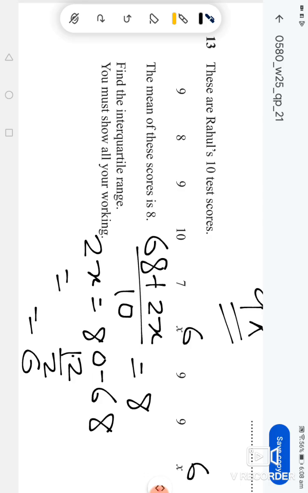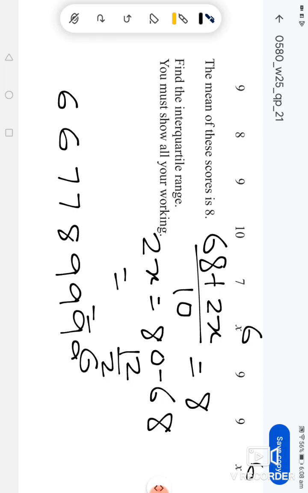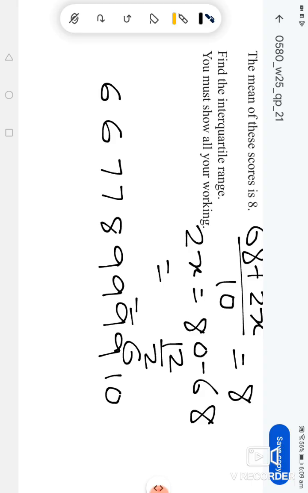Now we can arrange this one. So we have 6, 6, 7, 7, 8, 9, 9, 9, 9, and 10. So IQR equals Q3 minus Q1. First find out Q1.